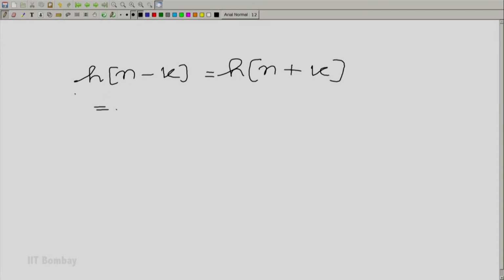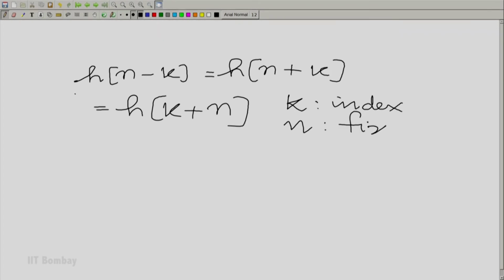In fact, we can see the same thing by a different line of reasoning. Let us now look at that. So, for example, we could choose to write down h of n minus k as h of, first let us write h of n plus k. So, h of n plus k is the same as h of k plus n. And remember here, k is the index and n is a fixed integer.